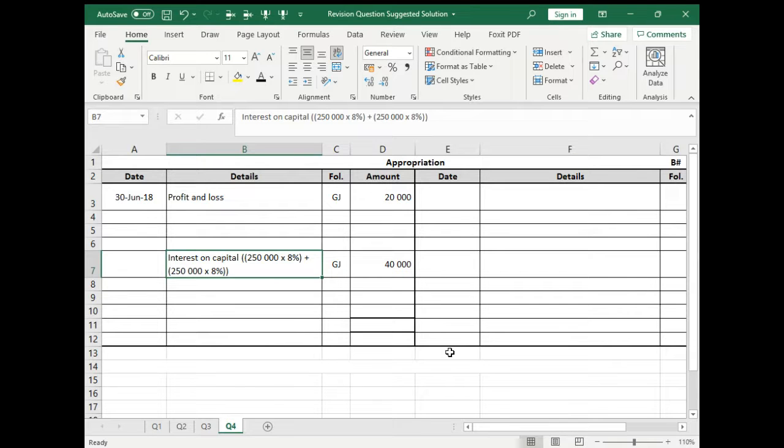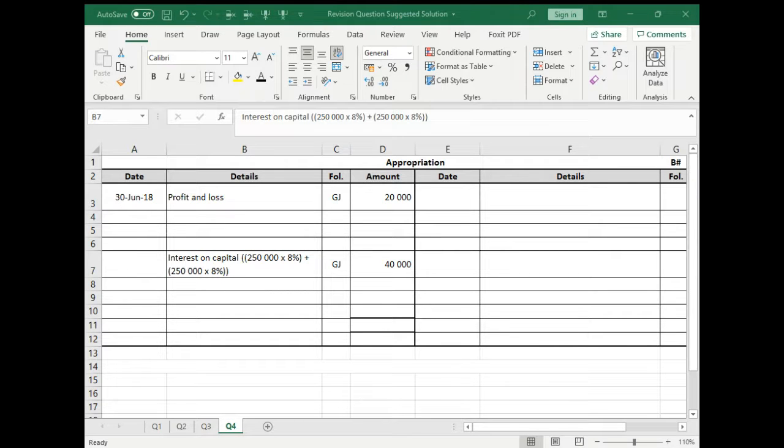We know it's 8%, and they told you it remained unchanged during the year, so that means 8% is applicable for the entire year. Because both partners had the same capital amount, you do the calculation twice to get to a value of 40,000. If one of the partners had a different capital amount, you would have used their different capital amount to work out the interest.